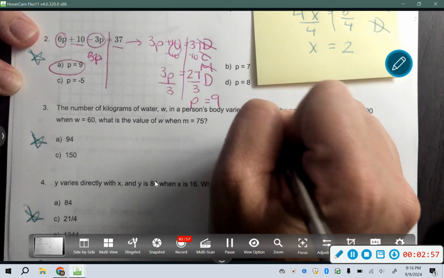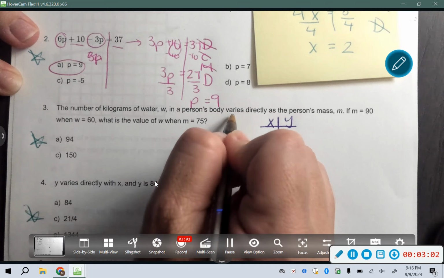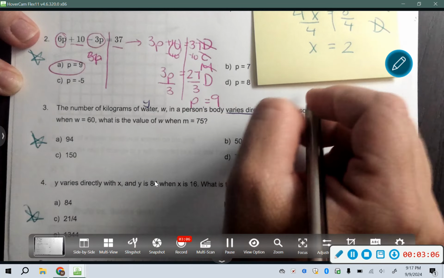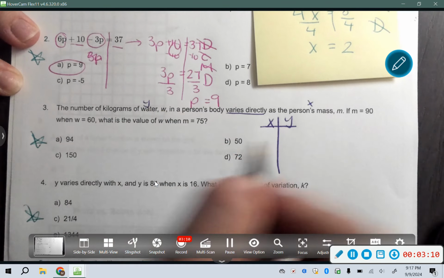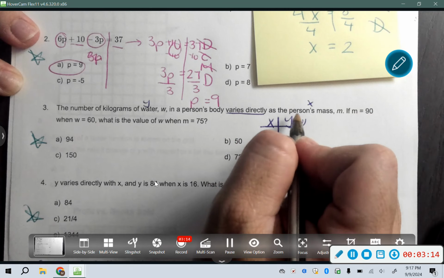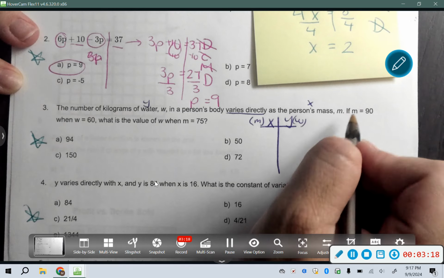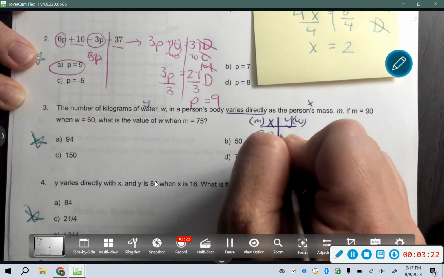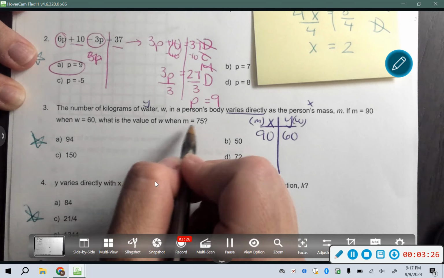And I know that typically my table is X and Y. But remember, when it says varies directly, whatever comes before that is my Y. It's Y varies directly as X. So W is my Y, and the person's mass, M, is my X.